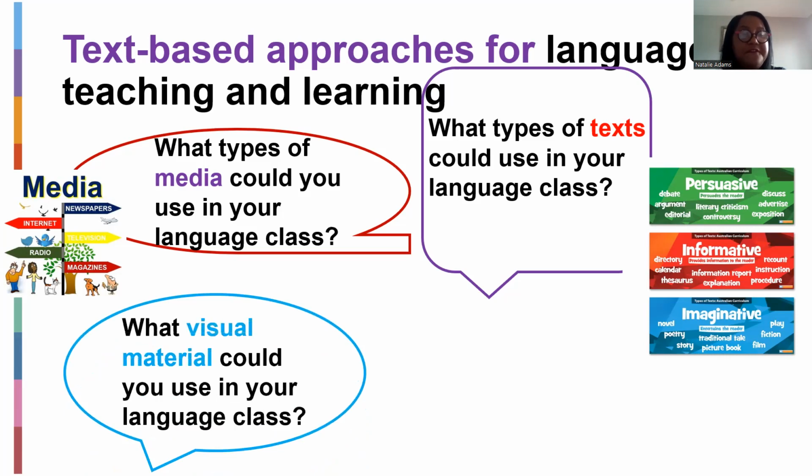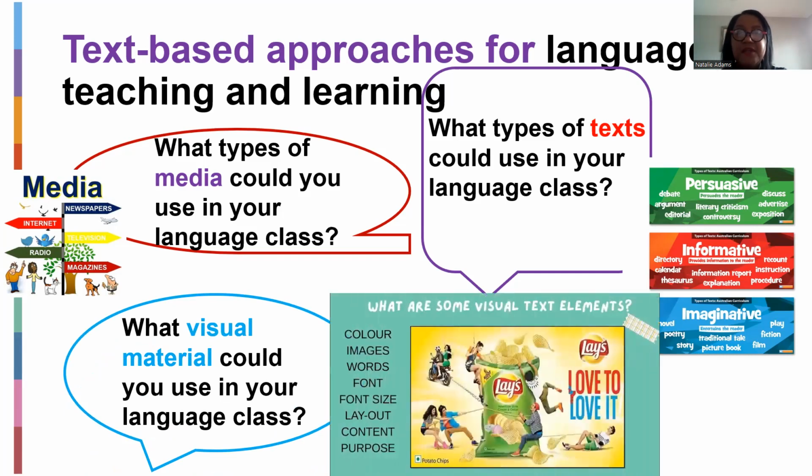Okay, so what visual material could you use in your language classroom? Remember, we're big on bringing in visual material. So this is an example of a visual, the Lay's chips. What are some visual text elements that you can see here in this advertisement? You can look at the color, you can look at the images.